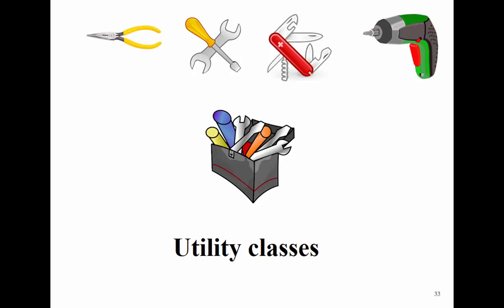Okay, so as we discussed on the previous slides, static fields and static methods are per class. So we need some tools to do the task. You have the construction worker. Normally, the construction worker has some toolset or toolkit, and he uses this toolset to do some job.